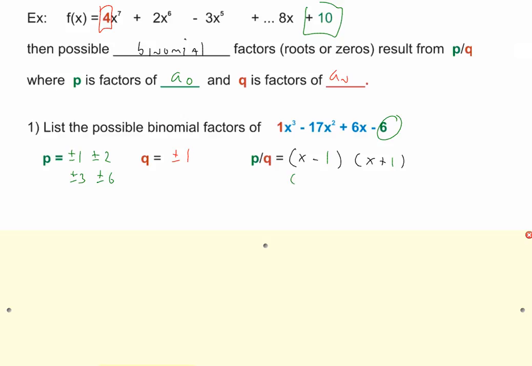I don't know why I started with negative first and then positive. It doesn't really matter. And so I can have an x minus 2 and an x plus 2, right? And I can have an x minus 3 and an x plus 3. And I can have an x minus 6 and an x plus 6.